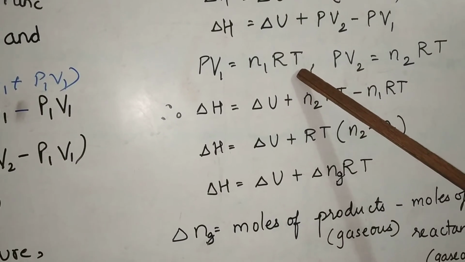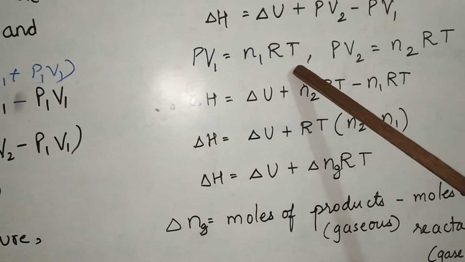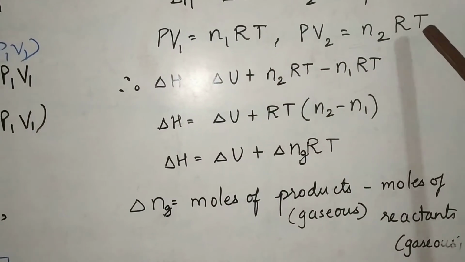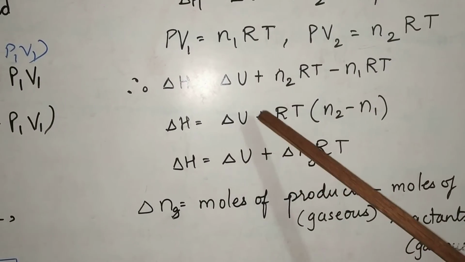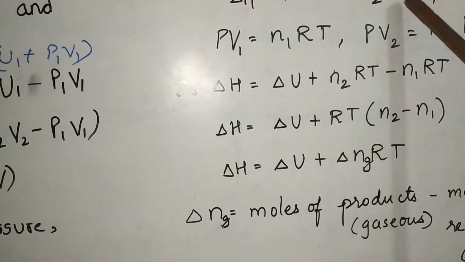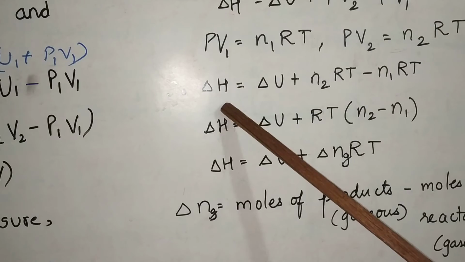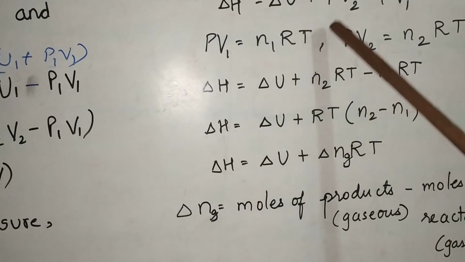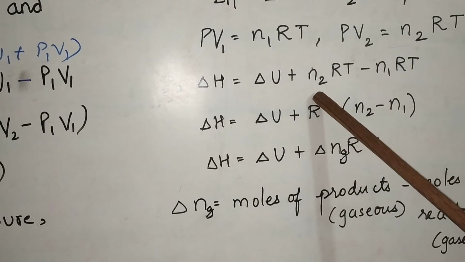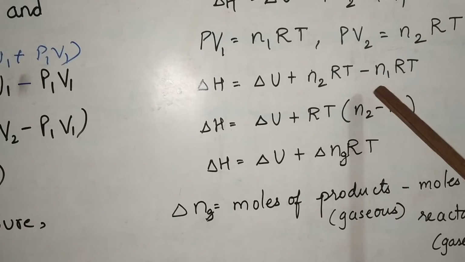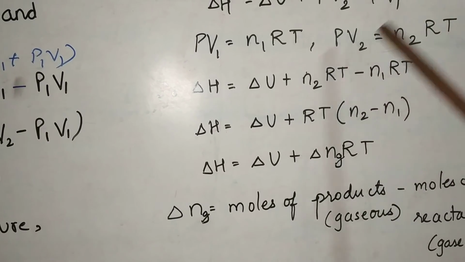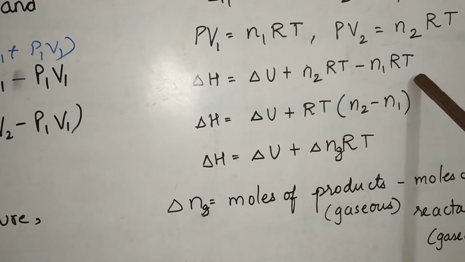T is constant here. This is at constant temperature. So P and T are constant terms. So substitute the value of PV2 and PV1 from the expressions here in the next part. So delta H is equal to delta U plus, in place of PV2 put N2 RT, minus, in place of PV1 put N1 RT. Substitute the values here.